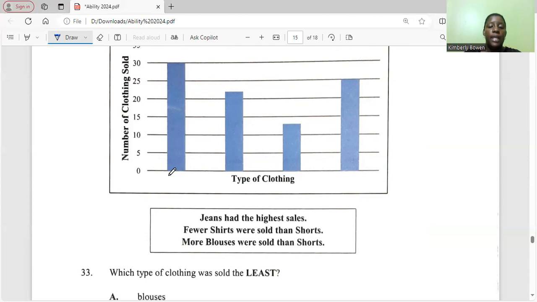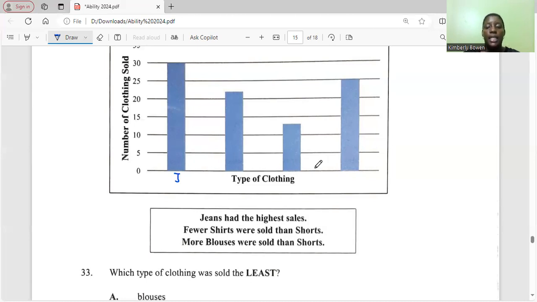Jeans as the highest, right? Using a letter, this was jeans because it's the highest. Fewer shirts were sold than shorts. Not quite sure which one is the shorts or which one is the shirts as yet. Let's look at the other statement. More blouses were sold than shorts. So you had fewer shirts than shorts and more blouses than shorts.